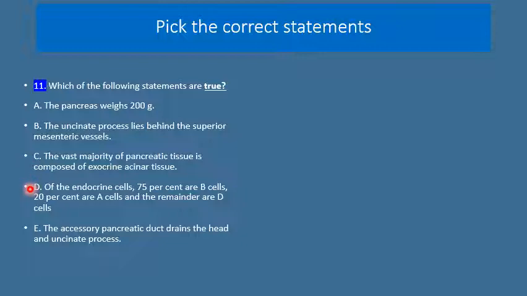D. Of the endocrine cells, 75% are beta cells, 20% are alpha cells, and the remainder D cells. E. The accessory pancreatic duct drains the head and the uncinate process. The answers are B, C, D, and E are true.